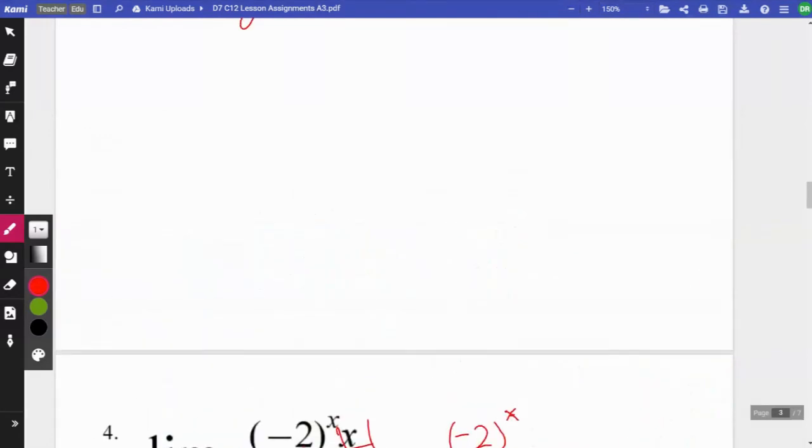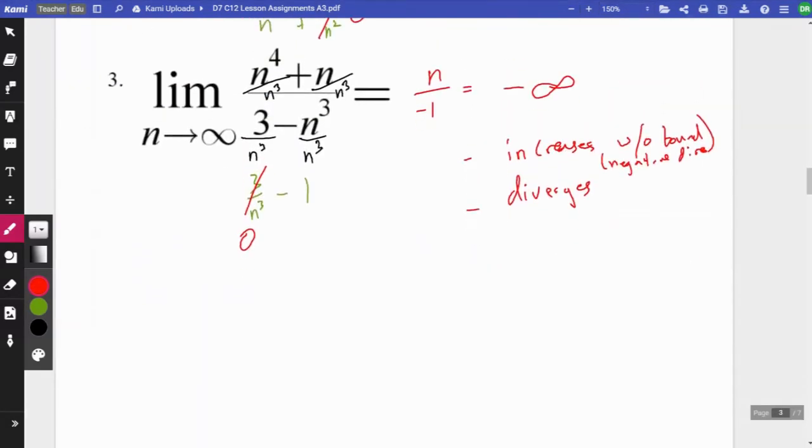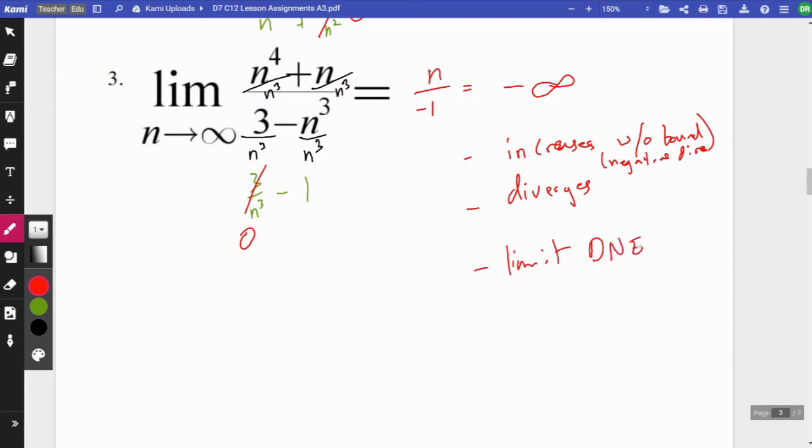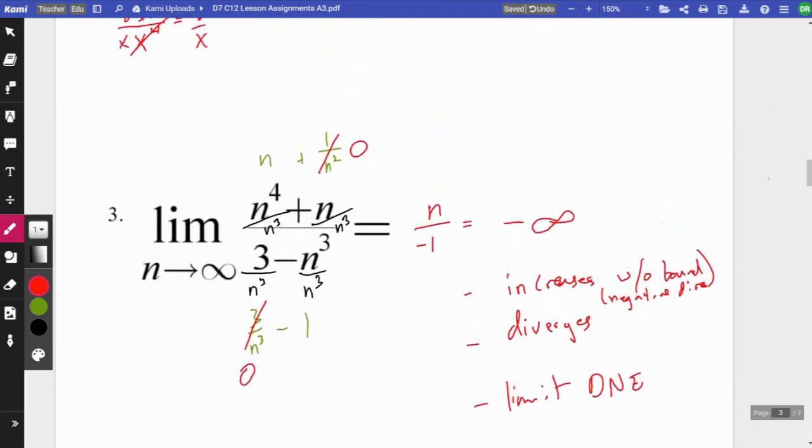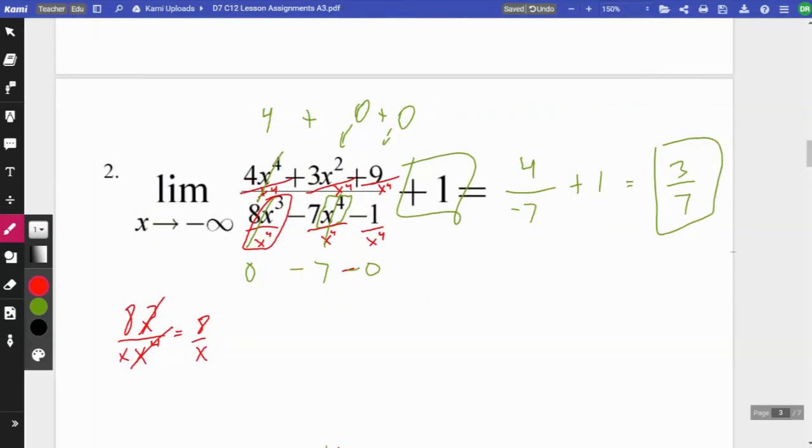So we had a couple different cases. Limit doesn't exist. For number 3 here, it increases without bound. It diverges. That's the same thing as saying the limit does not exist either. I mean, it can't be a limit if it increases without bound. That's a logical contradiction and a linguistic one. And in this guy, things did work out. We were able to just use our little trick to get rid of the terms that will converge to 0, or will essentially be eliminated.